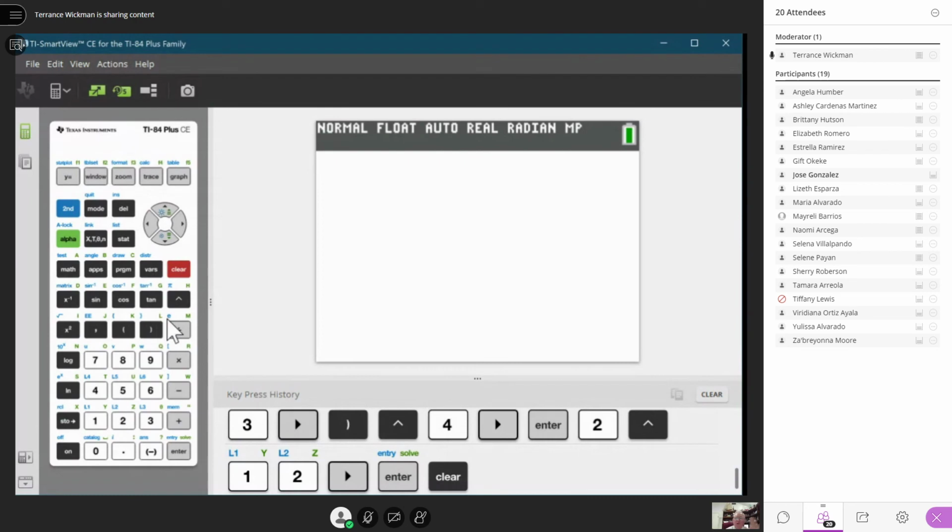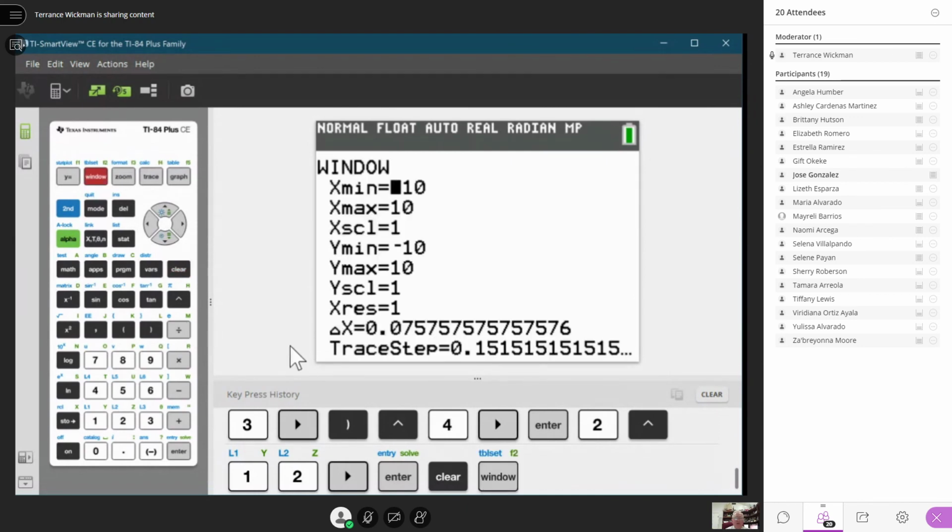But before we do that, let's click on our window again. That's the second button on the right, gray button at the top. This tells you what all your settings are in your calculator. If your settings do not match my settings, then you're not going to get the same picture.